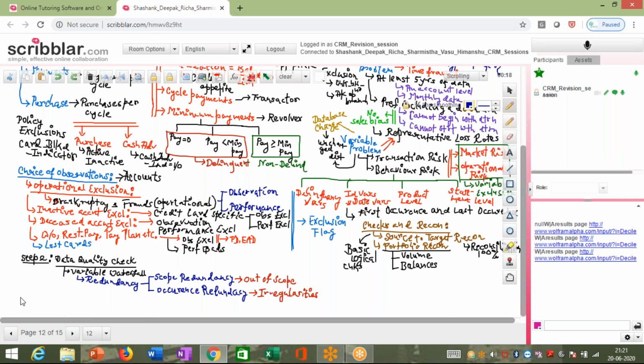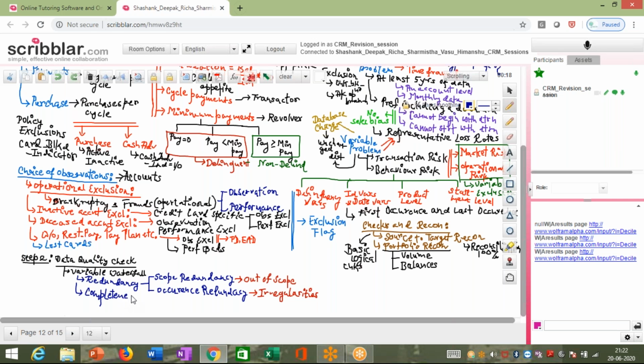The second criteria of the variable waterfall will be the completeness criteria. It talks about how many variables, or how complete, the variables are. So over here, what we generally talk about is the completeness.